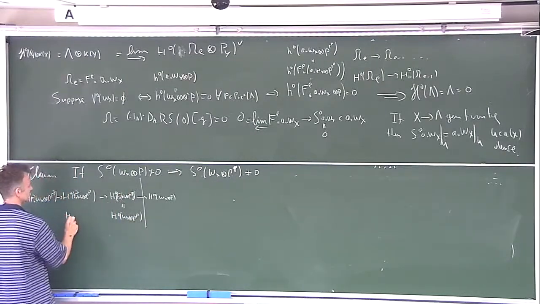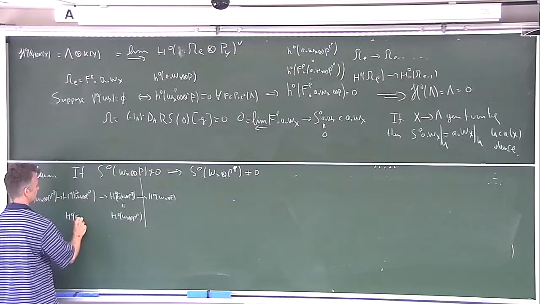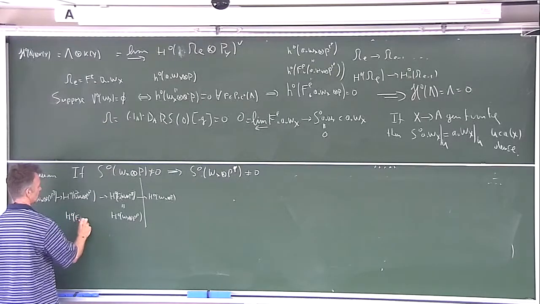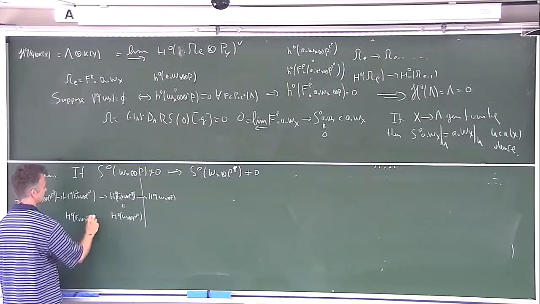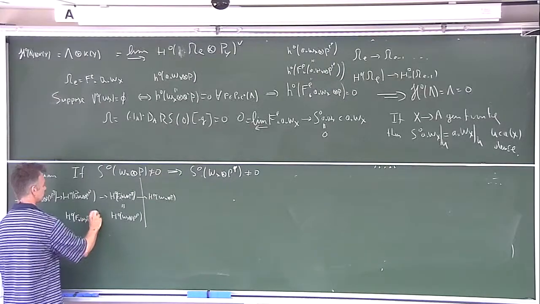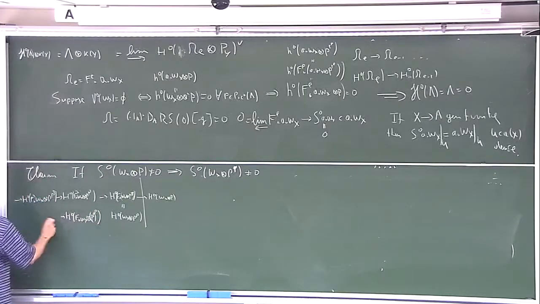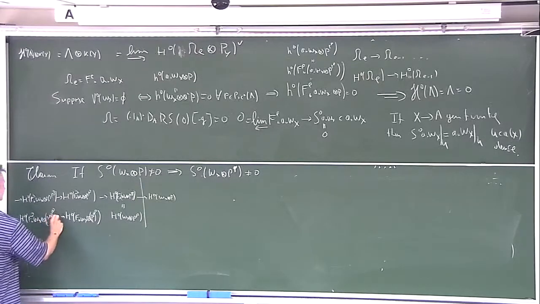Notice that this is isomorphic to H0 of f lower star omega_X tensor P to the P to the P. This one is H0 of f lower star squared omega_X tensor P to the P to the P squared.